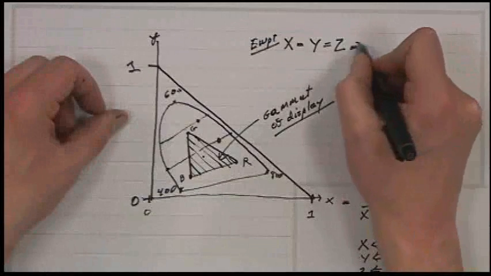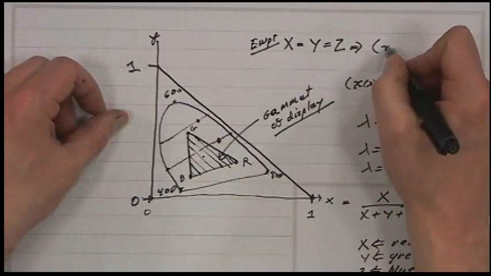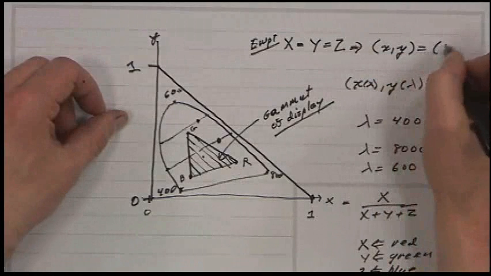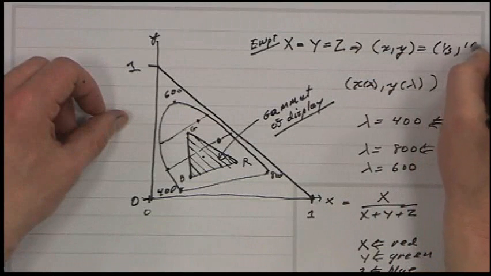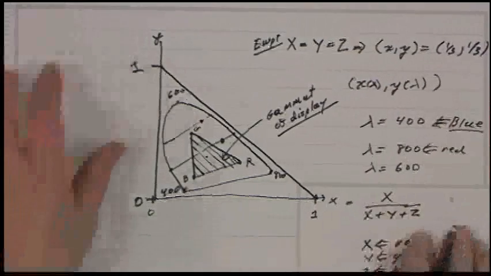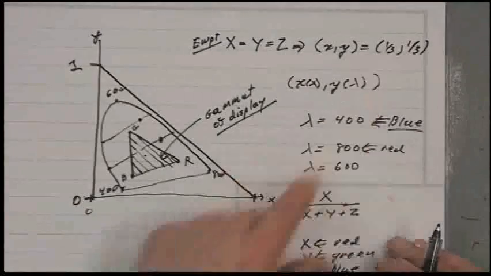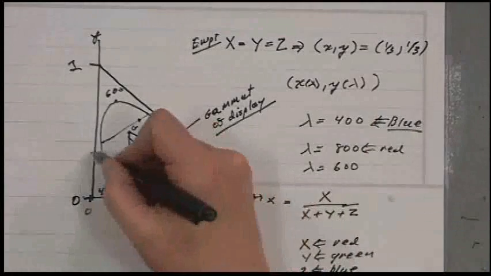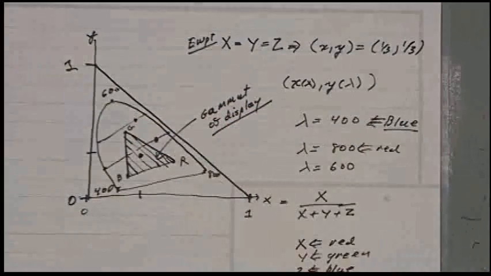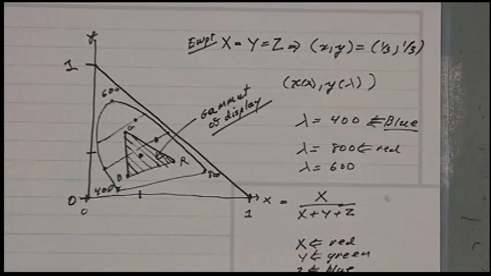And so that implies that little x, little y equals 1/3, 1/3. So if little x, little y equals 1/3, 1/3, then this is going to be here, and that's where white is. That's equal energy white, which is not commonly used, but it's a good reference point.